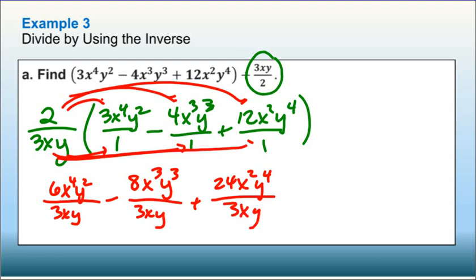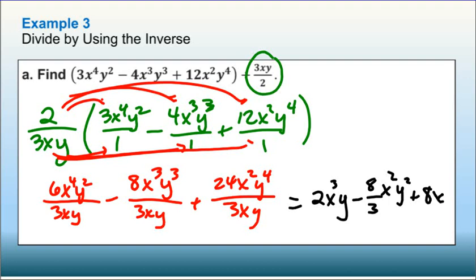And then simplify from there. 6 divided by 3 is 2. X to the fourth divided by x is x cubed. Y squared divided by y is y. Minus 8/3 would be x squared y squared plus 8xy cubed.